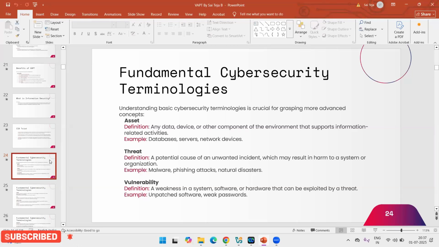And then we have vulnerabilities. A vulnerability is a weakness. It could be anywhere, in the employees also.